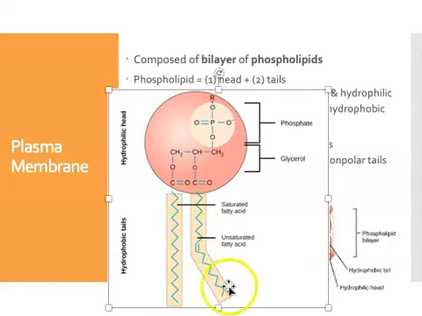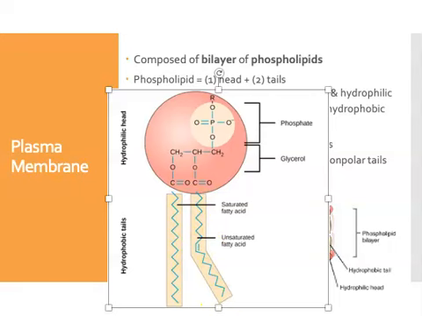The bent or kinked fatty acid is called unsaturated. It has slightly less hydrogen in it because of this double blue line, which represents a double bond between two carbon atoms. When you put double bonds inside of fatty acids, you cause them to kink like this.